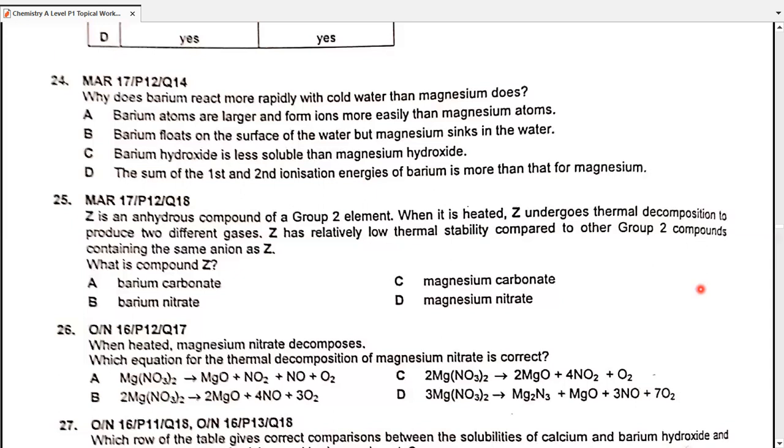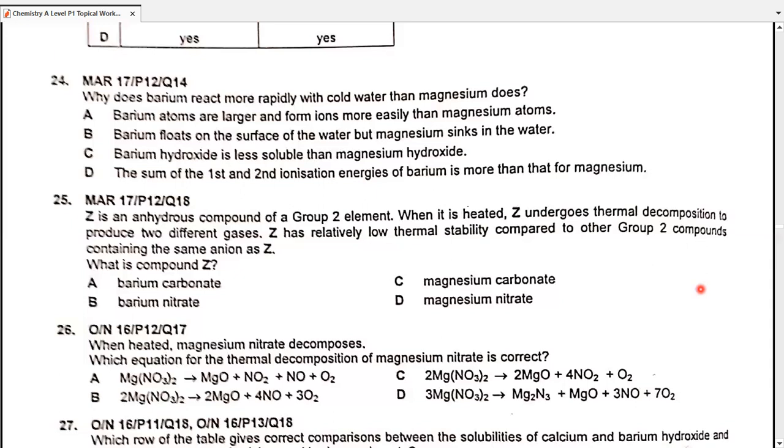B: Barium floats on the surface of the water, but magnesium sinks. I don't think so. D: The sum of the first and second ionization energies of barium is more than that for magnesium.